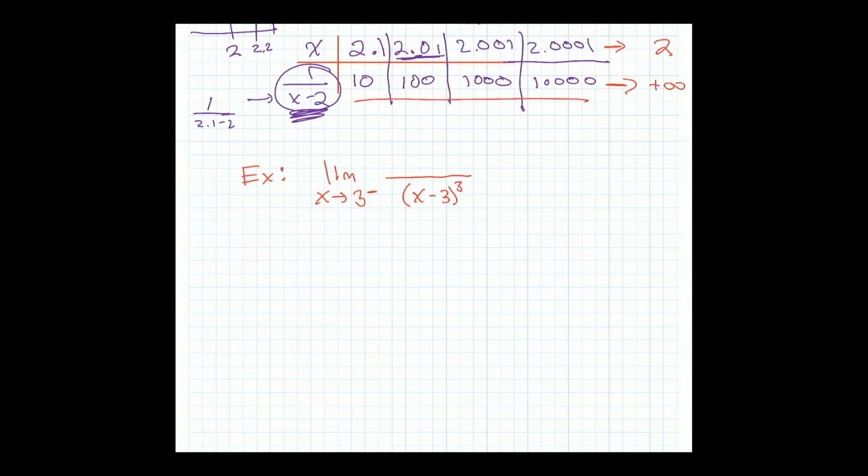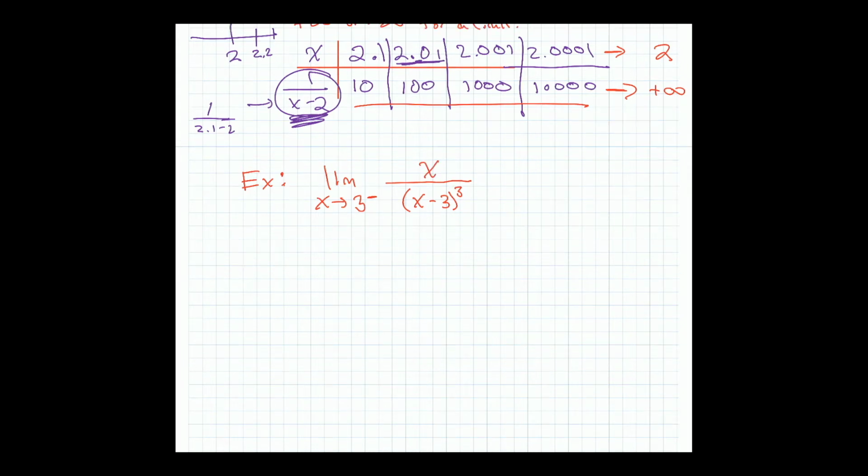You're trying to evaluate this. Here's how you would go about it. First thing, try to plug in x equals 3. You get 3 over (3 minus 3) to the 3, which is 3 over 0.